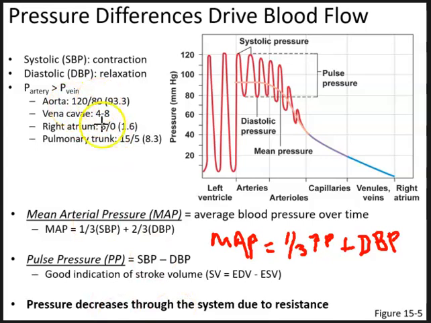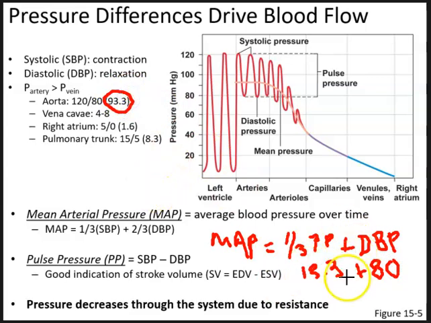So 120 minus 80 equals 40. So the pulse pressure in the aorta is 40, and then we would get 1/3 of 40. So 1/3 of 40 we would calculate to be about 13.3. And then we just add the diastolic blood pressure, which is 80. And that will give us our mean arterial pressure of 93.3.